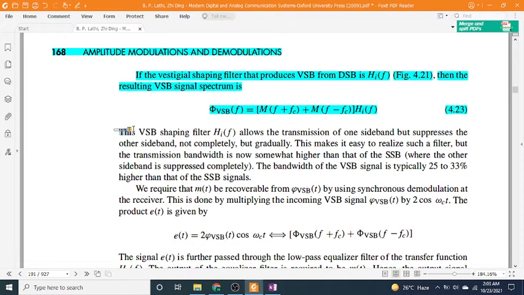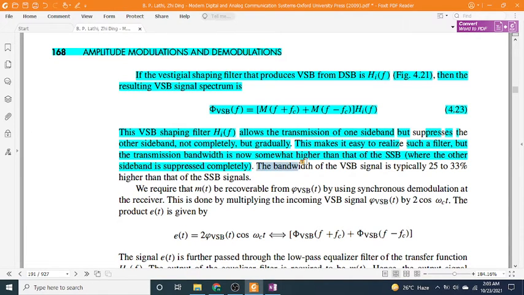This VSB shaping filter H(f) allows the transmission of one sideband but suppresses the other sideband, not completely, but gradually. This makes it easy to realize such a filter, but the transmission bandwidth is now somewhat higher than that of the SSB, where the other sideband is suppressed completely.